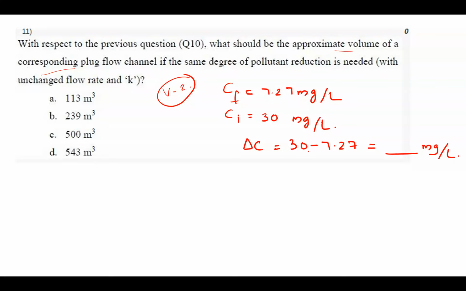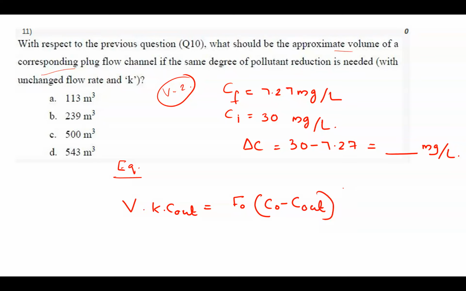Now from the first order reaction equation, you can write V k C out equals F naught times C naught minus C out.